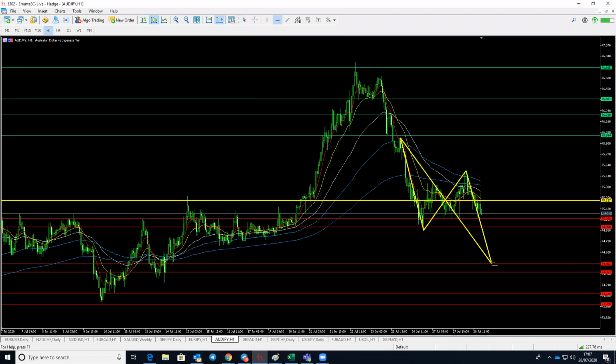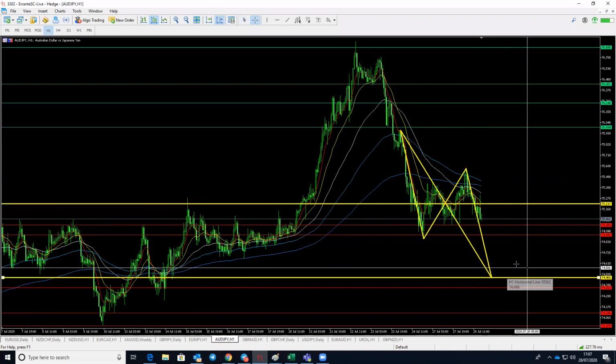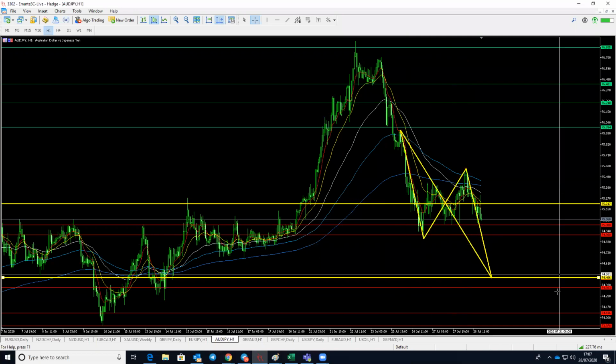Here as well, at the D point, you can see you've got support everywhere. So there you go, this is your plan for trading the AUD JPY. It's looking at selling under 75.00, so your ideal price is probably 74.90.